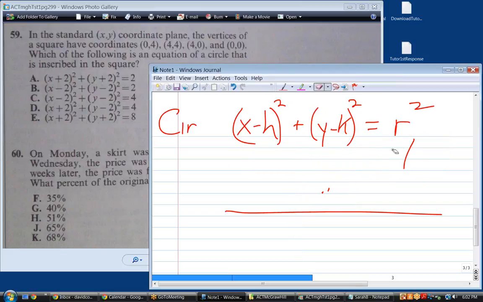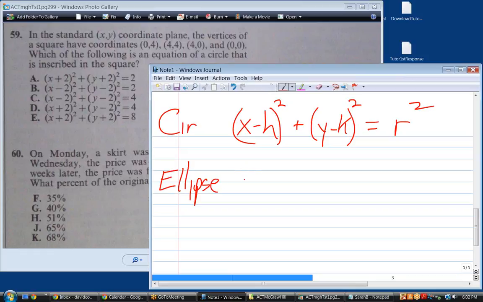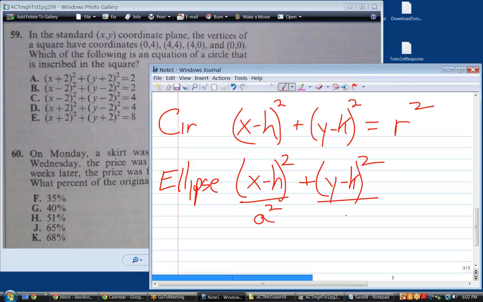Okay. Now let's talk about an ellipse. And really, if you know the two general equations of both of these, you'll get at least one of them right. You may get both of them right. The ellipse is very similar, except that's divided by a squared, this is divided by b squared, and the whole thing is equal to 1.